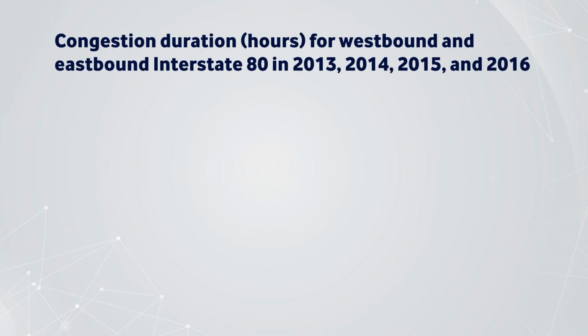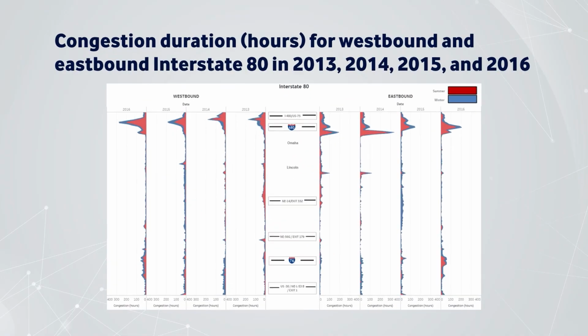One of the interesting things we analyzed was the congestion hours for the westbound and the eastbound Interstate 80 in 2013, 2014, 2015 and 2016. You can see there are peak hours in 2013, 14, 15 and 16. Red color shows the summer time, and blue color shows the winter time here.